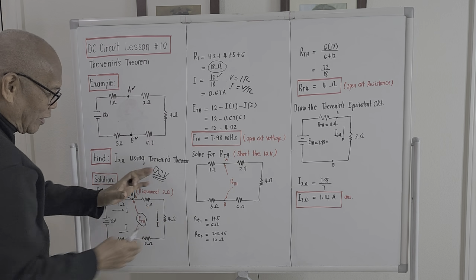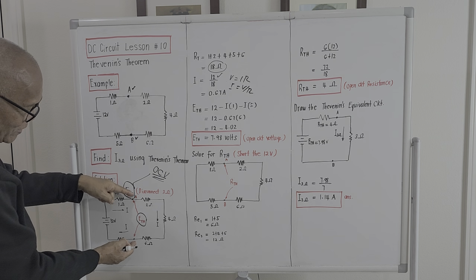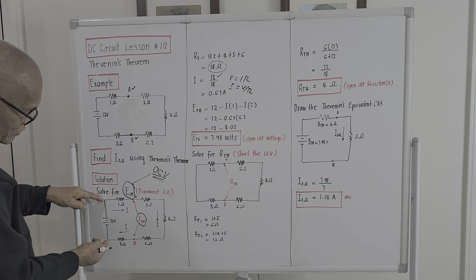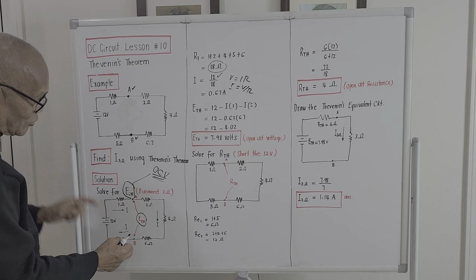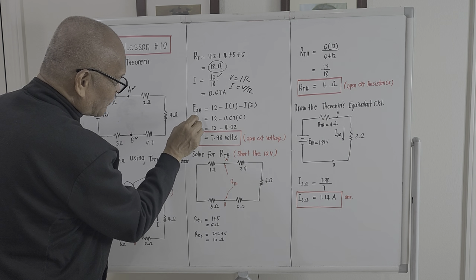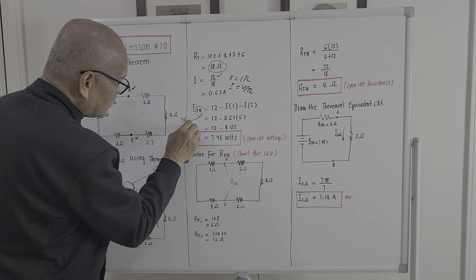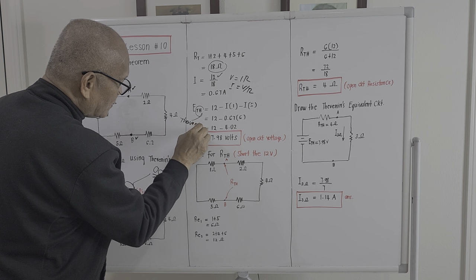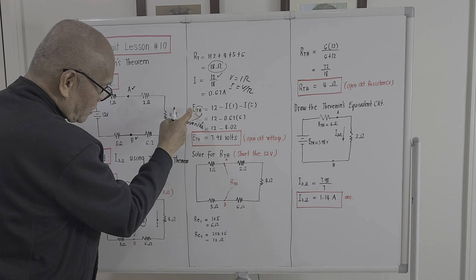And if we know the circulating current, the voltage across this one should be this 12 volt source here, minus the voltage drop here, minus the voltage drop here. So I place it here: ETH, the subscript TH refers to Thevenin's.